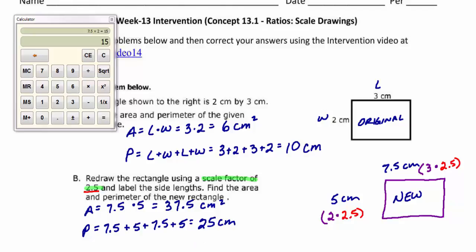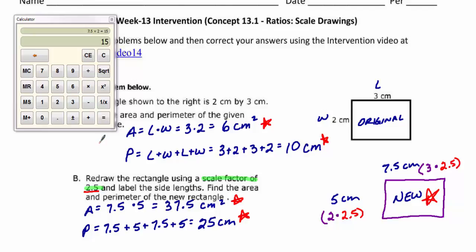So in these problems, there are 5 things you need to answer. Area and perimeter of original, draw and correctly label the new figure, and then get area and perimeter of the new figure. You are ready to see if number 2 is correct.